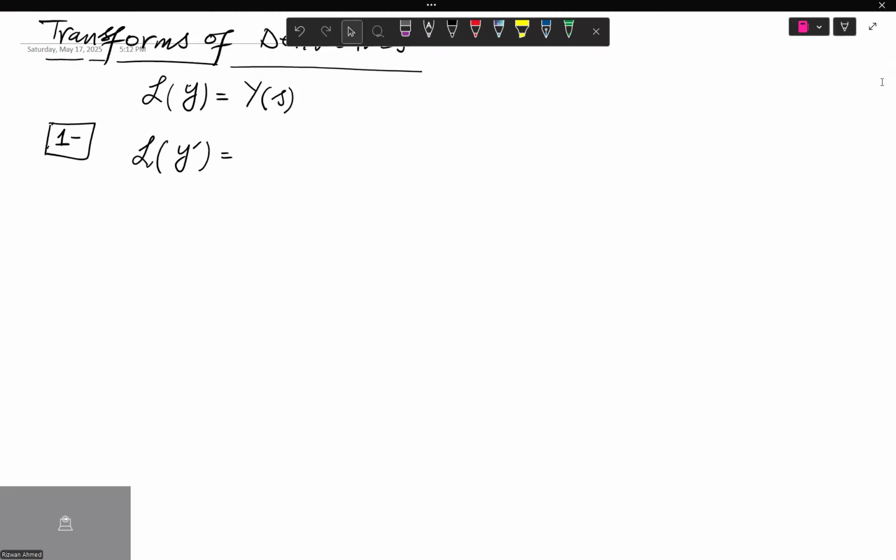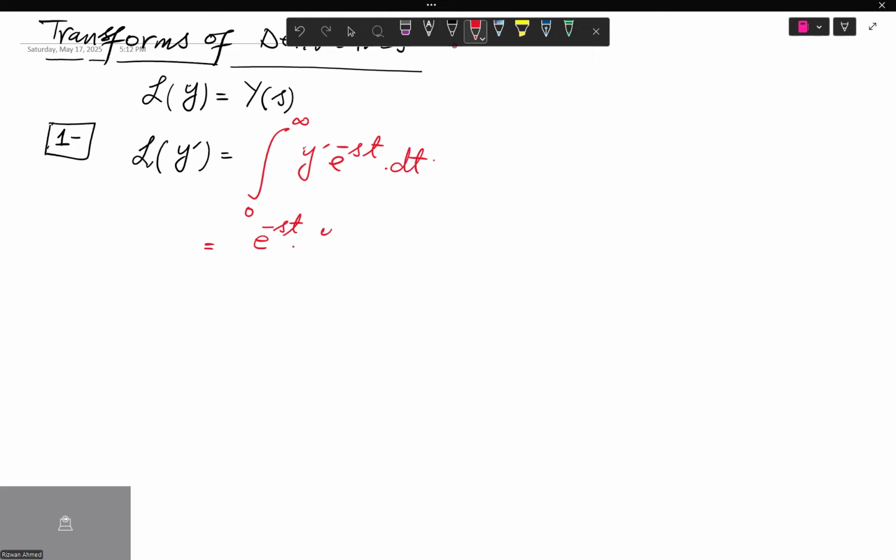So we will evaluate it with the original expression of Laplace transform, the integral. So 0 to infinity, it is with y prime e raised to the power minus st and dt. So it will be evaluated as the first function, e raised to the power minus st, and the second function integrated.